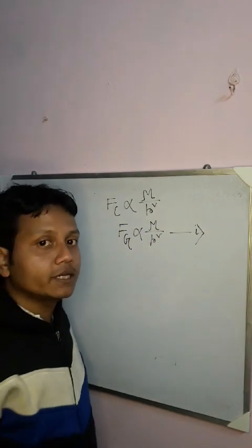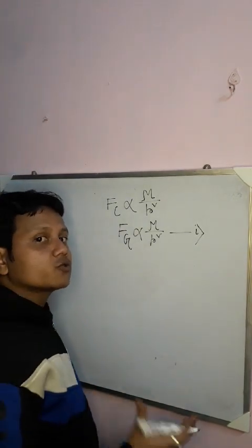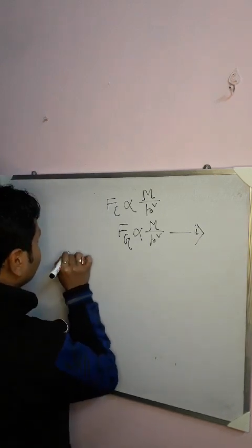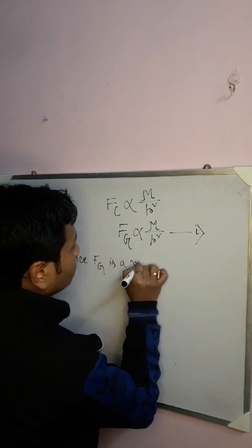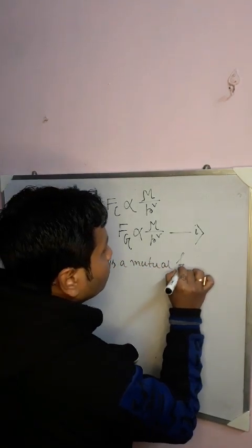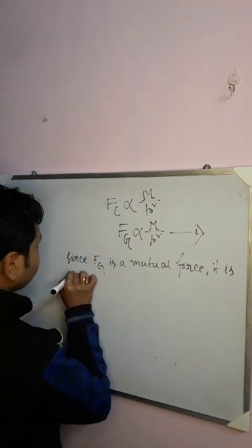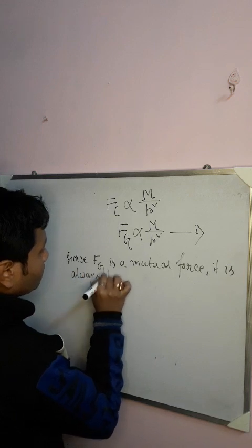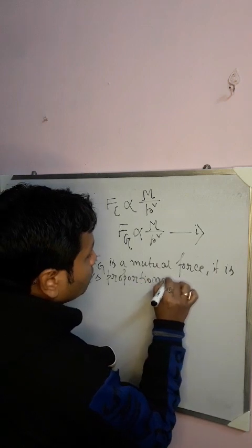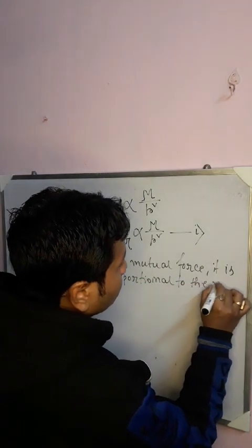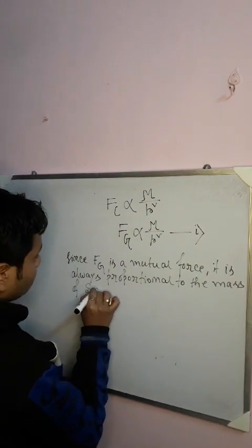And we all know that gravitational force is a mutual force, so that means this force is also proportional to the mass of sun. Since Fg is a mutual force, it is always proportional to the mass of sun.